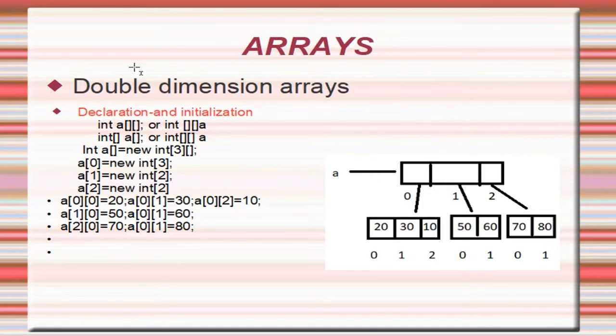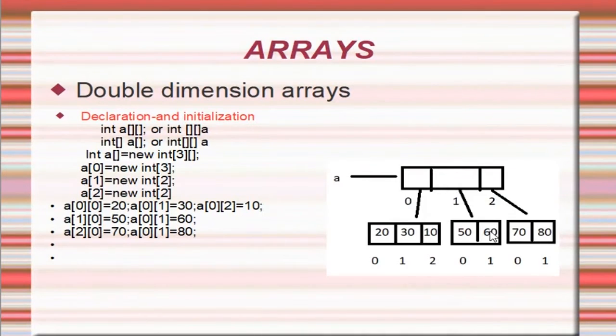a of 1, 0 is 50, a of 1, 1, I'm storing the 60 value. Now I want to store the values into the a of 2 array. So I want to store the value in a of 2, 0 as 70, a of 2, 1 as 80.